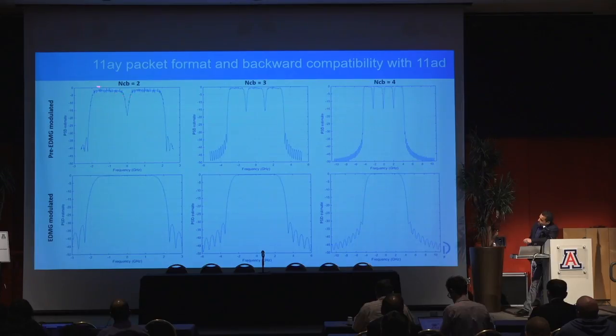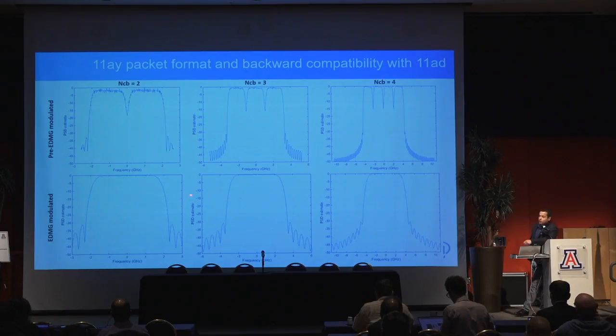And the initial part of the packet is just like a single channel transmission. So an 11AD device can detect that, and only when you go to the data portion do you get a wideband signal. Okay?